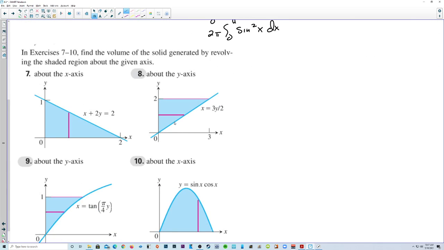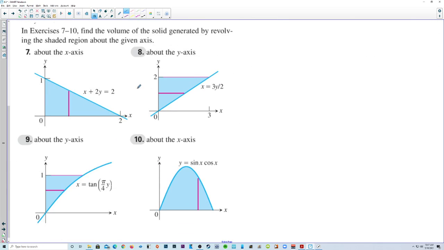In exercises 7 through 10, find the volume of the solid generated by revolving the shaded region about the given axis. About the x-axis. Well, these are stacking up along the x-axis, and this is how we'd rotate it. Here's the 180-degree turn, and we'd rotate around the x-axis.